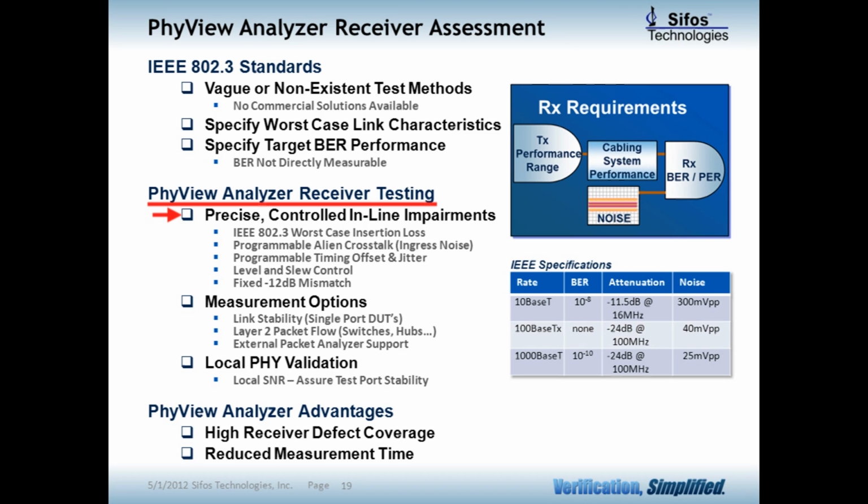Impairments include worst-case link insertion loss, ingress noise or alien crosstalk, timing offset, timing jitter, slew rate control, and impedance mismatch. We'll get into greater detail concerning impairments in the next couple of slides. The second resource is the receiver measurement capability described in the previous slide, and the third resource is the local SNR metering described earlier. These resources combine to produce high defect coverage of 10, 100, 1000 base T receivers with time-efficient and fully automatable methods.